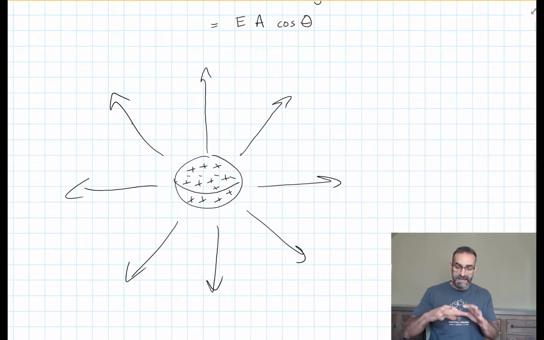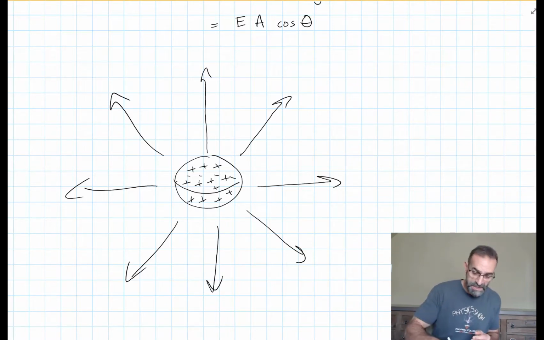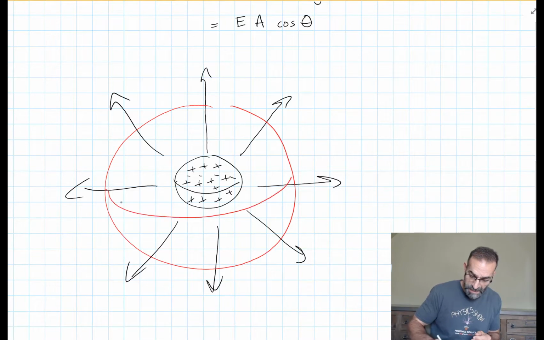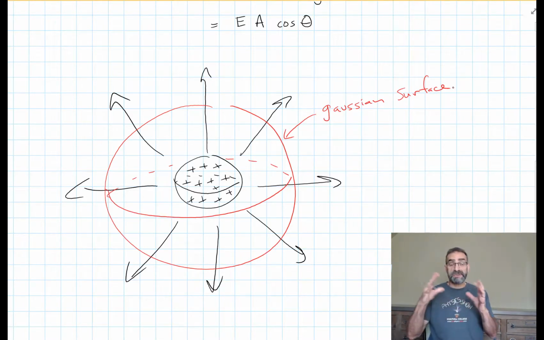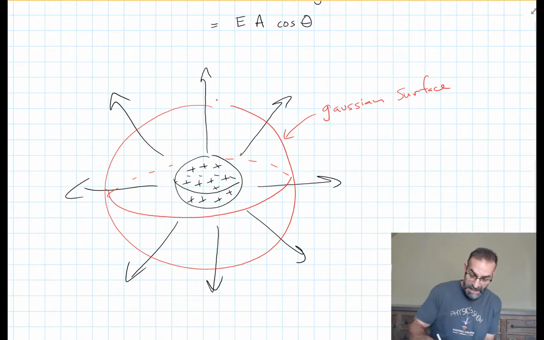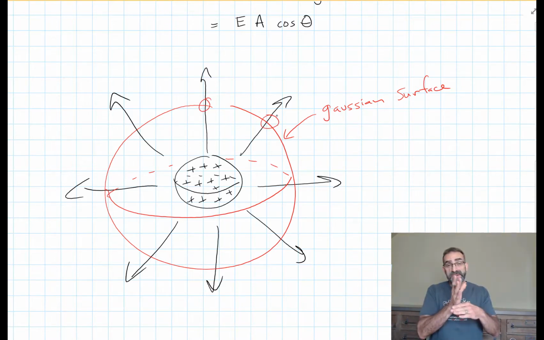So if I pick some surface to find the flux through, that's a sphere. We call that our Gaussian surface, right? If I pick that surface that's spherical, then let's see what happens. Every place the electric field penetrates that surface, it's normal to the surface.